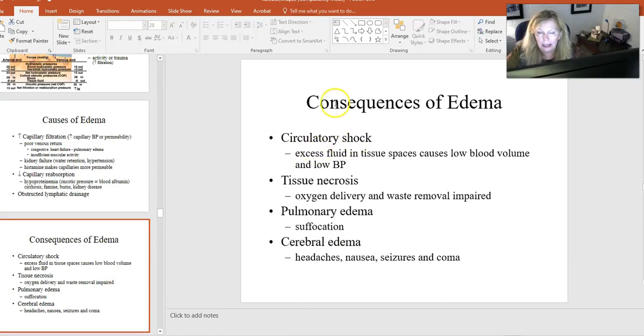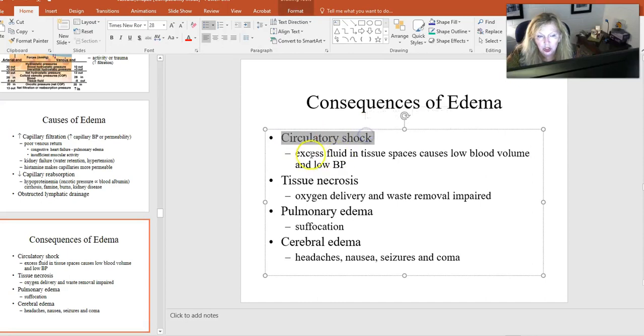Now, some consequences leading to circulatory shock: when we think about this, there's an excess of fluid in the tissue spaces and low blood pressure. And what can happen is the oxygen delivery and waste removal can't happen the way that they should. So with decreased oxygen, cells aren't able to make ATP.